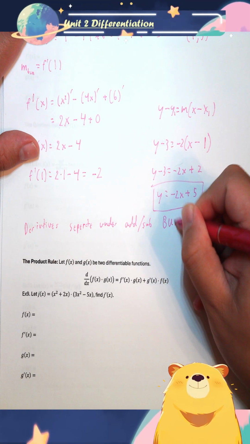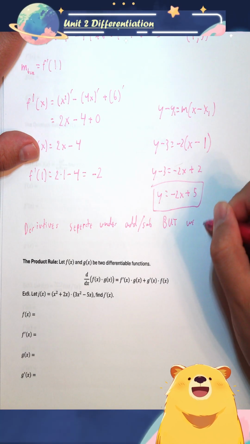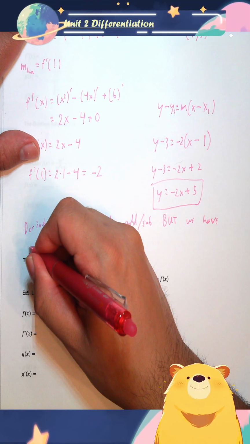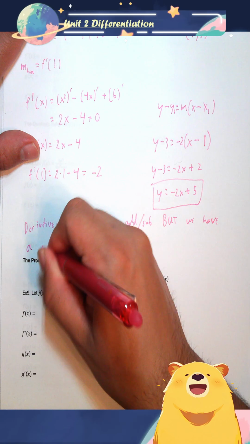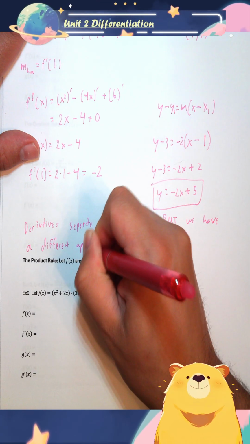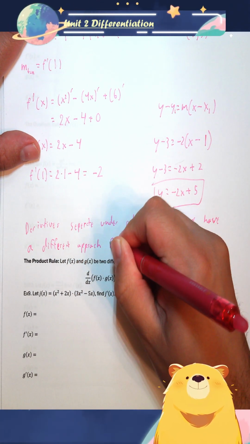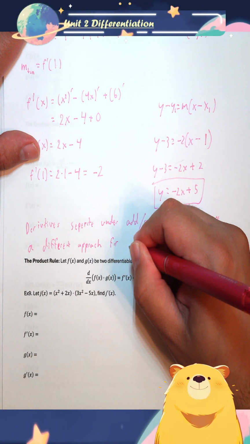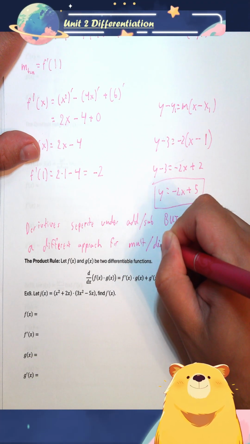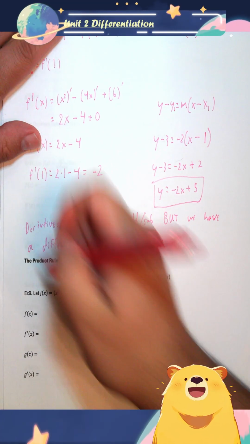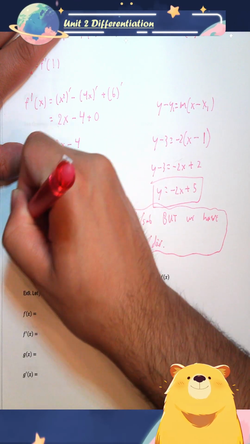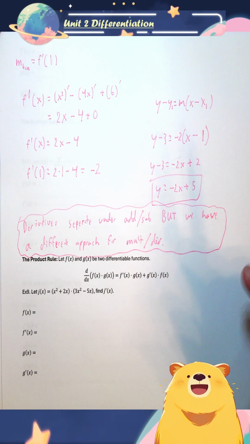But we have a different approach for multiplication and division. So first, let me write that this is not part of the answer. Okay, the answer from example 8.